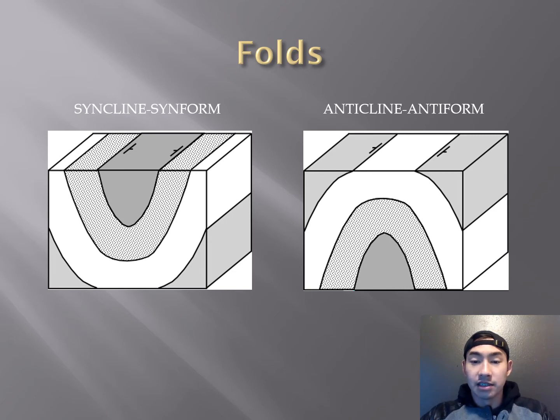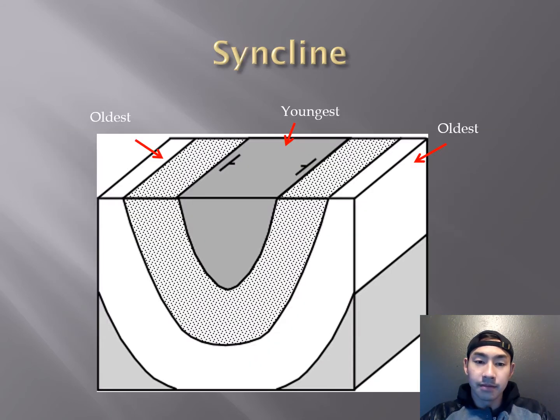In an anticline, our center fold axis would be our oldest geologic material, and we would get progressively younger as we move away from the fold axis of the anticline. So once again, in a syncline, we have our youngest material in the center and our oldest towards the edges.